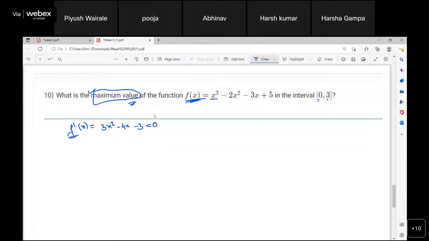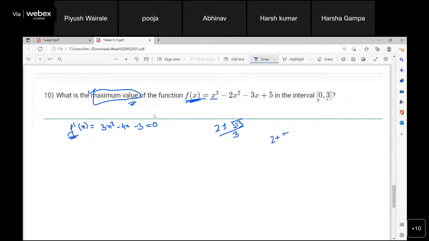What are the roots of this particular f dash of x? 2 plus minus root 13 by 3, right? Okay.